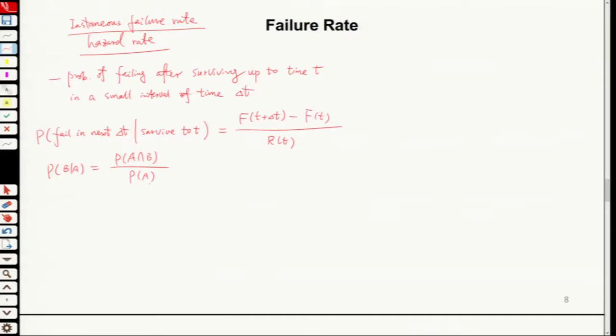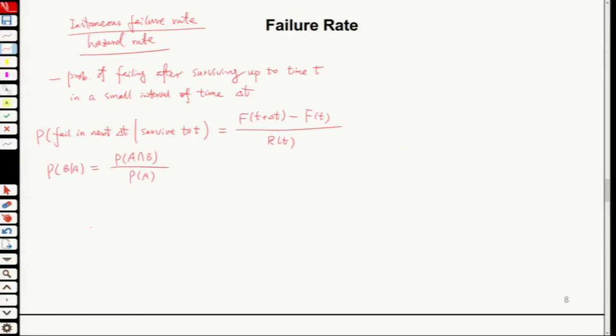Now, this is a probability: survive to t and then fail in the small interval delta t. But it's not a rate yet. Think of speed: you march a small distance, and then you divide it by the time it takes. That is the speed.